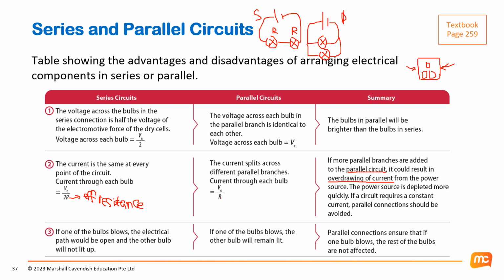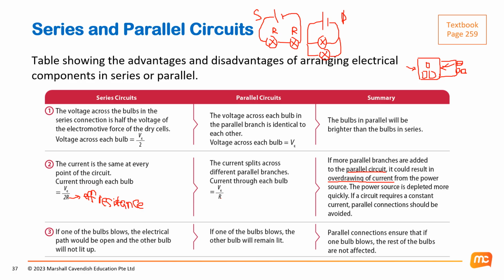Why is it recommended that we don't connect another adapter to it? Maybe some of you like to connect a lot of these plugs to extend the number of power sockets, but we don't do that because it's equivalent to adding more components in the parallel circuit, and this will cause more current to be drawn from the power source.